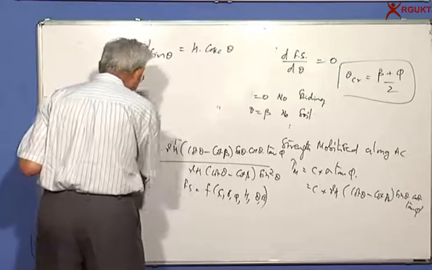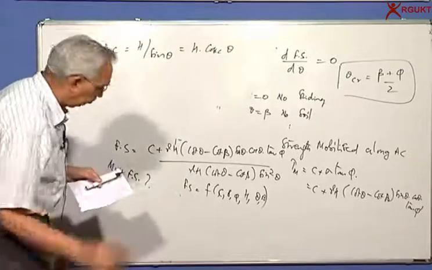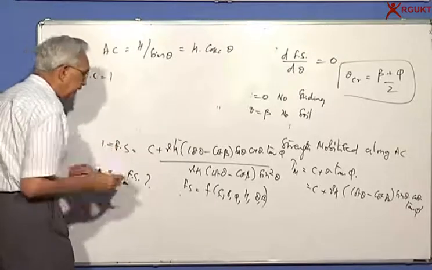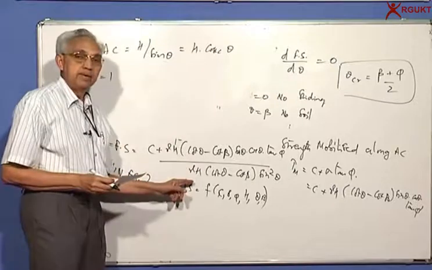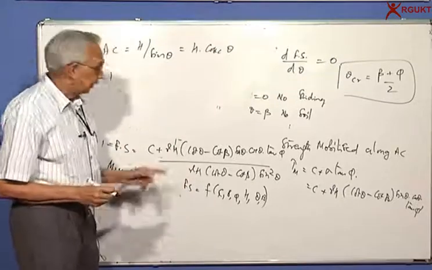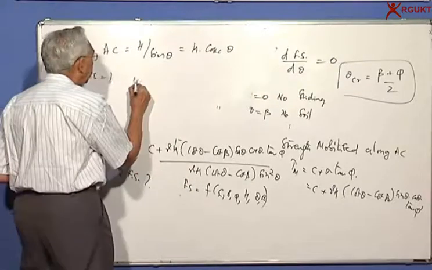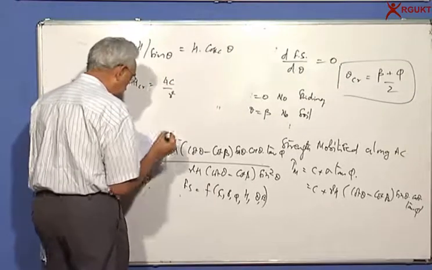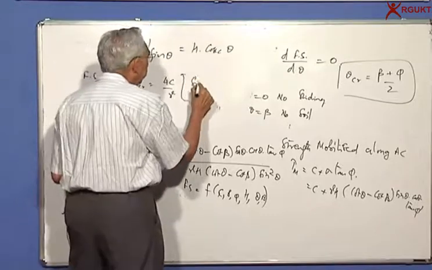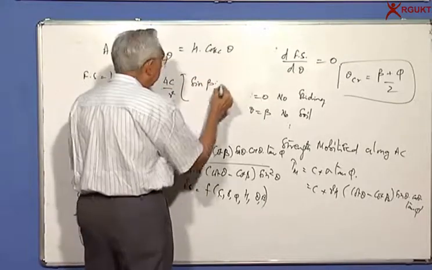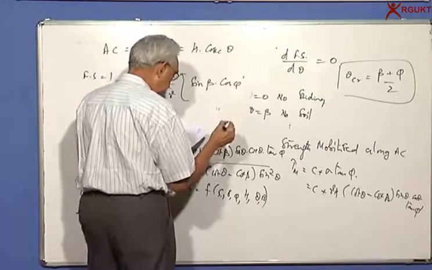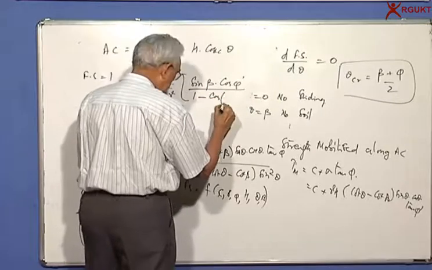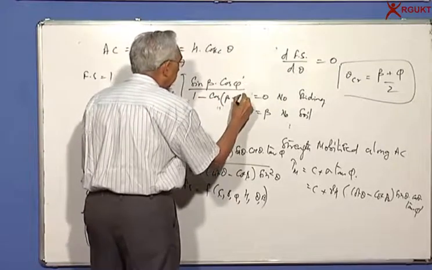And for factor of safety 1, that means the numerator and denominator are equal, and I can solve for the critical height, which we do. H critical is equal to 4c by gamma into sine beta cos phi prime by 1 minus cos beta minus phi prime.